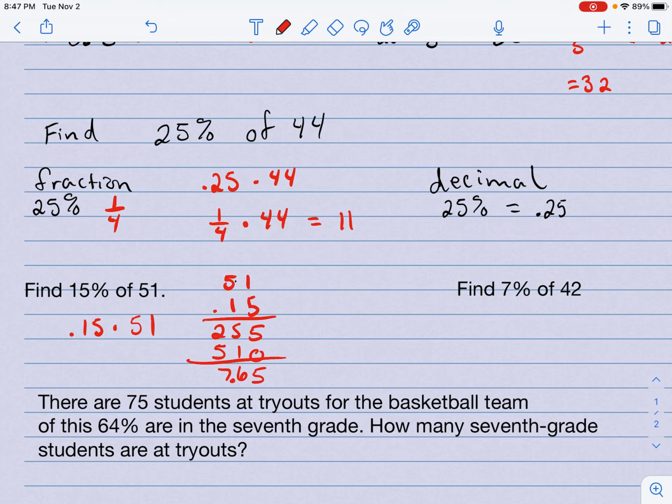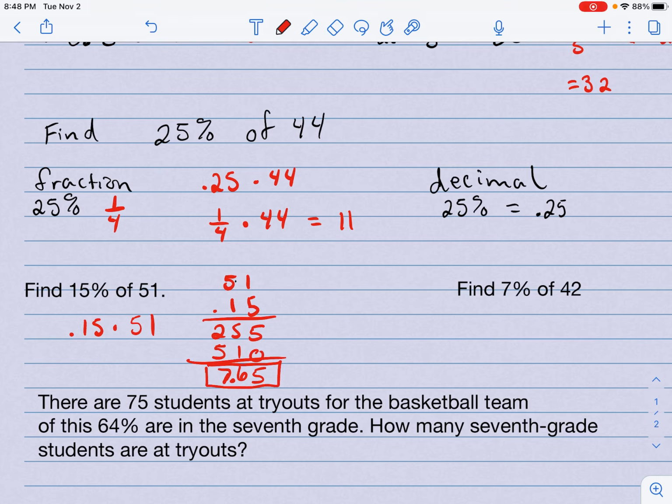Decimal comes in 2 places, so you get 7.65. If you think about it, 10% of this is only going to be 5.10, or 5.1. And then half of that would be another 2.55. And when you add that, you'd get 7.65.